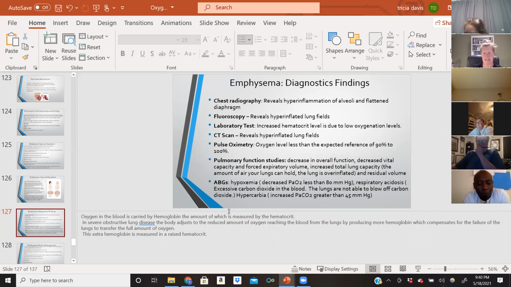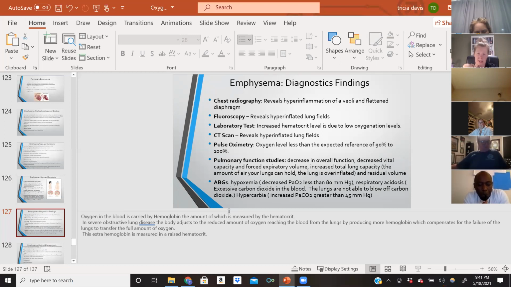A CT scan is also going to show hyperinflated lungs. We're going to have them on pulse oximetry, continuous or not. Oxygen levels are going to be less than 90%, maybe around 92, maybe 90, sometimes 89. They live there.